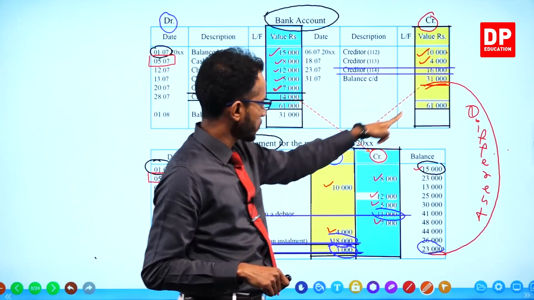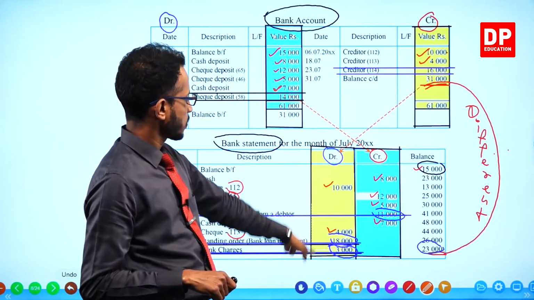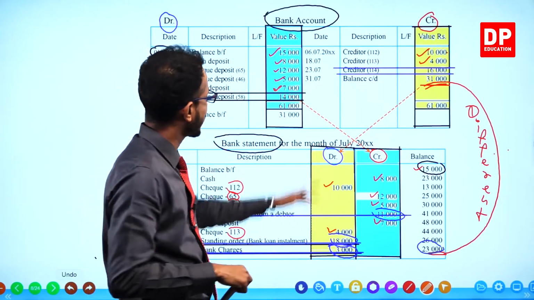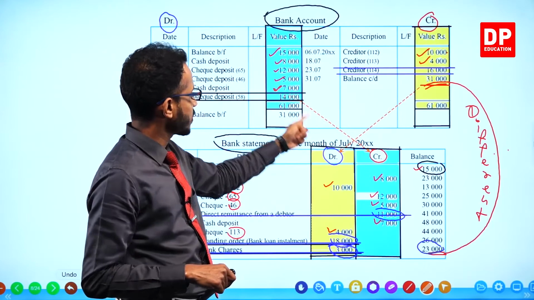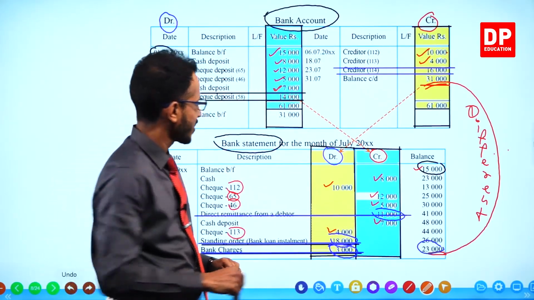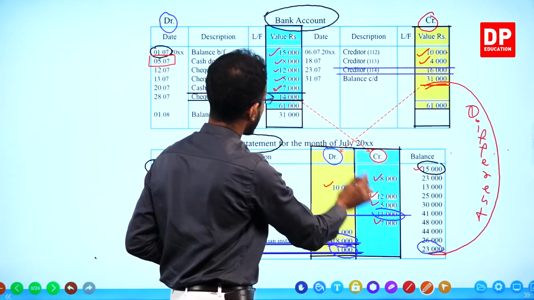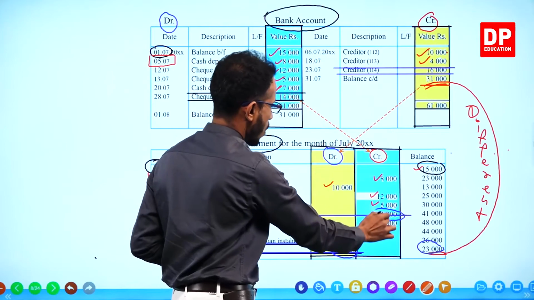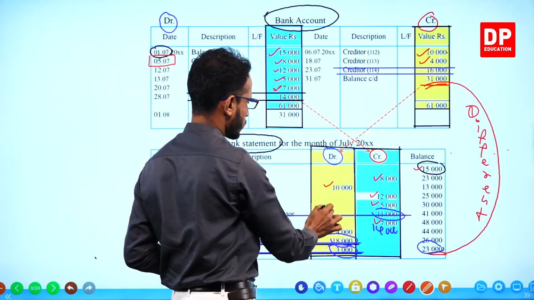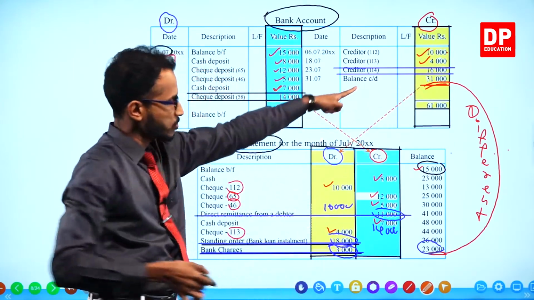This 16,000 is missing here in the yellow side, and this item is missing in the blue side. In the bank statement, it's not there. It's 14,000. That's what I'm trying to tell you. Okay, this 14,000 is missing. This 16,000 is missing here. This 16,000, the items which we marked.